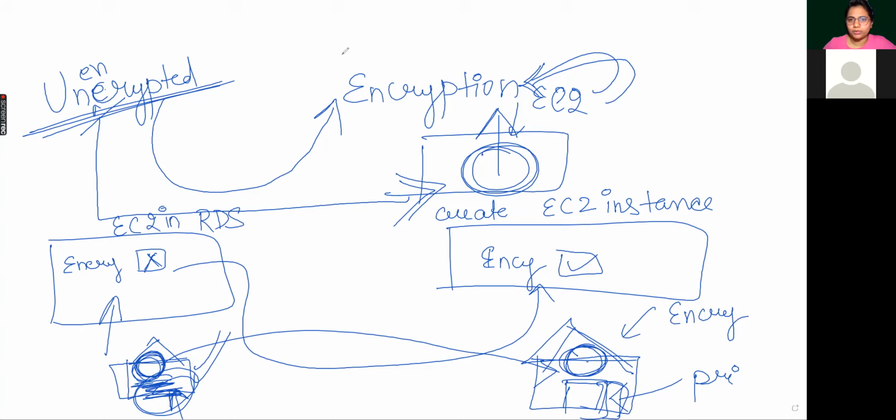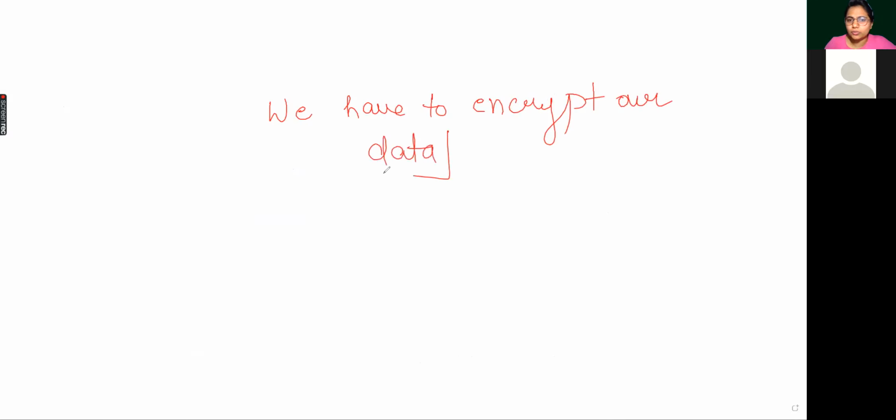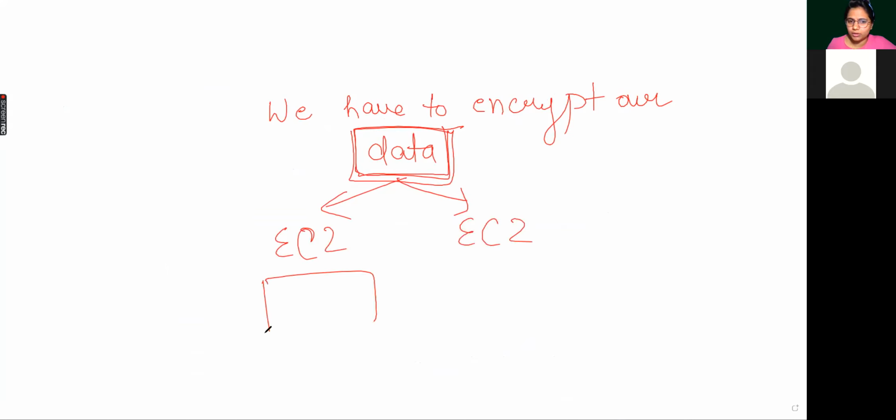What is our main goal? Our main goal is that anyhow we have to encrypt our data. This data is important. It doesn't matter in which EC2 instance it is living. It's just a building. The main thing is the data.